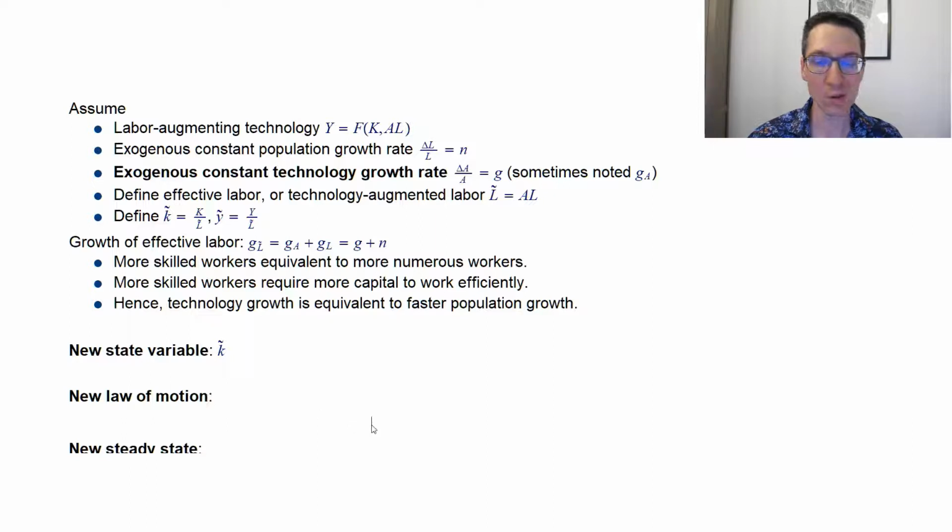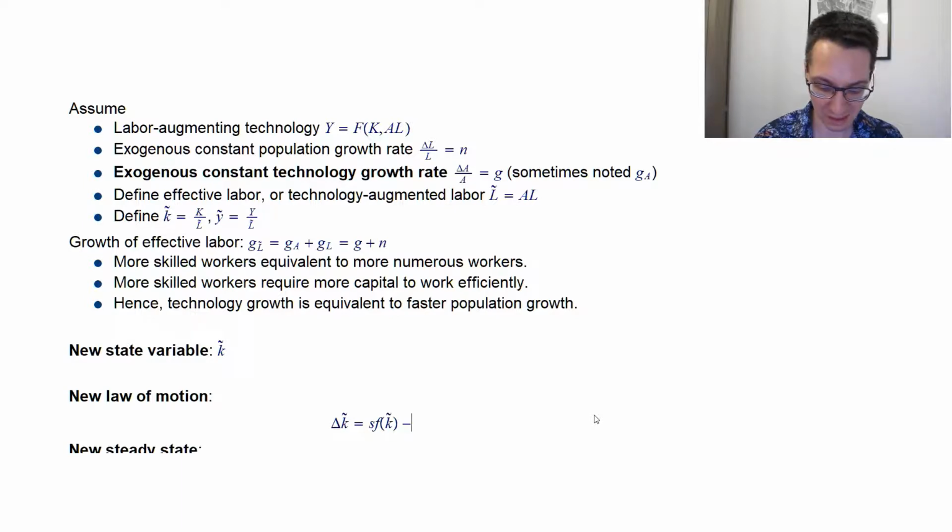So what's the new law of motion? Well, it's delta k tilde, which is going to be a function of savings times f of k tilde, the output per efficient worker, minus what was it?